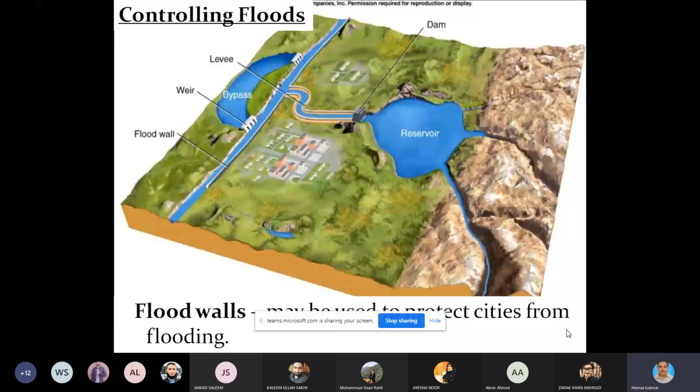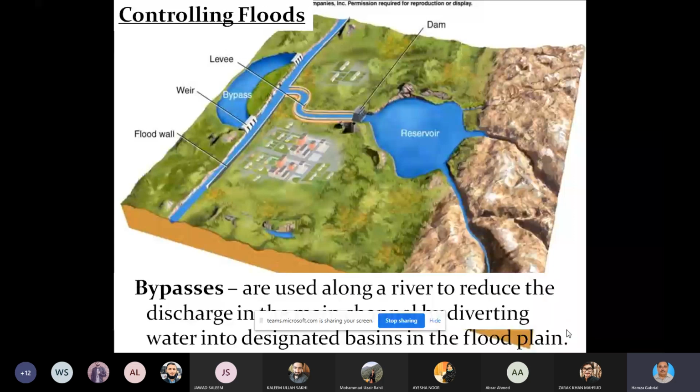And another structural measure is the construction of bypass channels. They are used along a river to reduce the discharge in the main channel by diverting the water into designated basins in the floodplain.